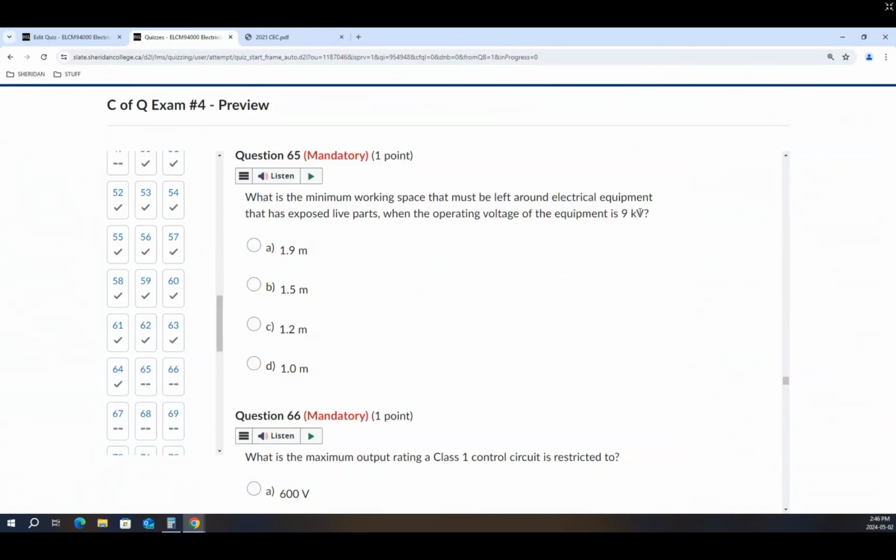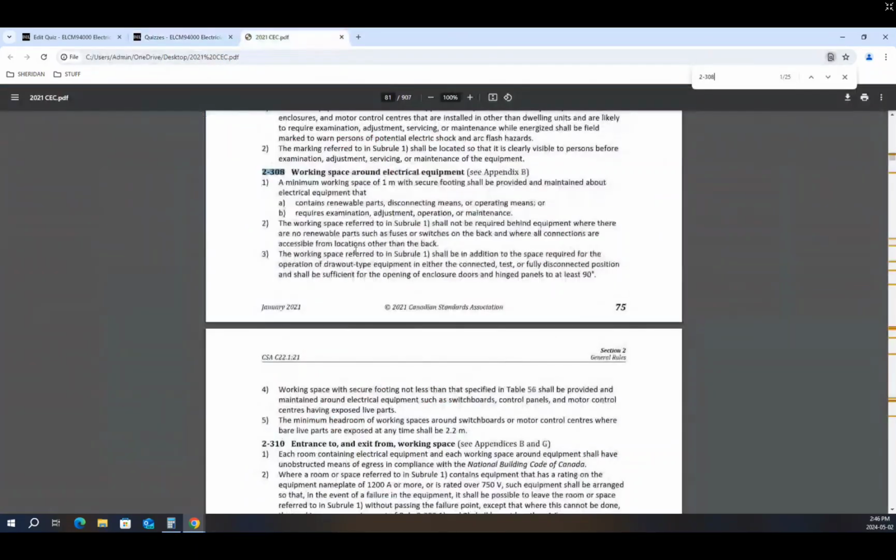But we're looking at voltage, that's a lot higher. Okay, working space with secure footing, not less than that specified.